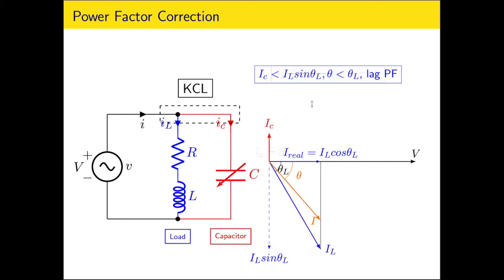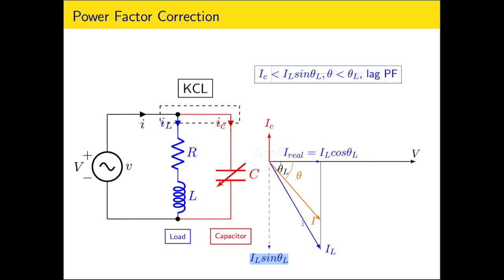Now let's say we have used a capacitor, and that results in a small value of current. This current IC is directed opposite to the IL sin theta L, which is the reactive current component.